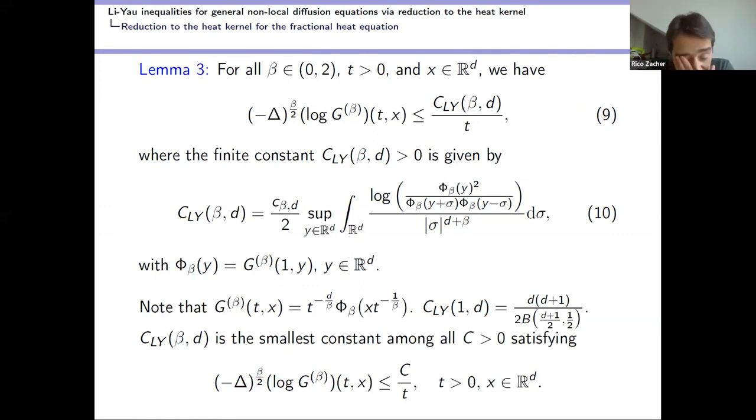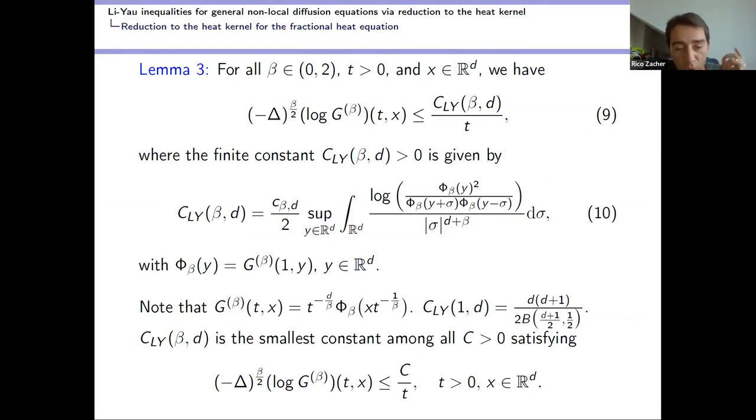Because this would be really in the philosophy of Li and Yau. You first derive the Li-Yau inequality, now we know how it should look like, then you can derive the Harnack, and then you can prove heat kernel bounds. And this should be also possible then on manifolds, right? Concerning these curvature dimension inequalities, that's really a very interesting open question.